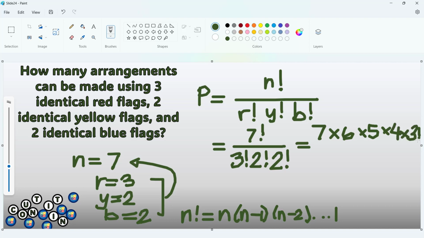I could do that because I also have a factor of 3 factorial at the bottom. Of course, it's 3 factorial times 2 factorial times 2 factorial, right? I could simply cancel 3 factorial without extending it further.